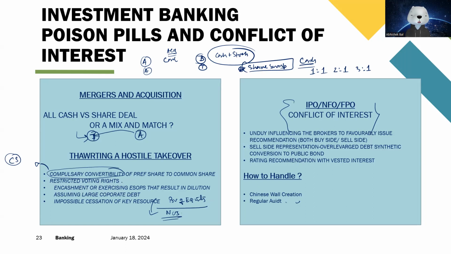The second would be to restrict the voting rights. Yes, an investment banker may also give certain corporate advisory of this nature, wherein the number of votes will not be tied with the number of shares that somebody owns.